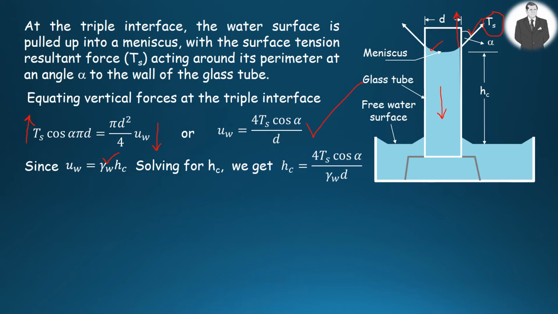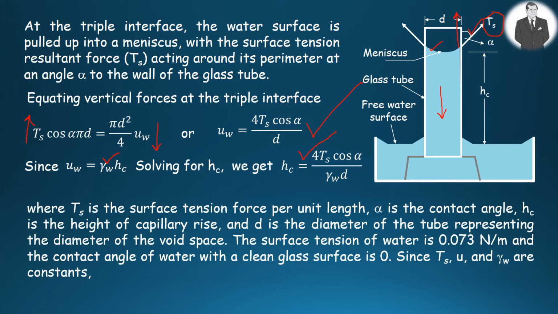If we rearrange this expression for the height of capillary rise, we get this equation given here, in which Ts is the surface tension force per unit length, alpha is the contact angle, C is the height of capillary rise as mentioned before, and D is the diameter of the tube, which represents the diameter of the void spaces of soil mass.